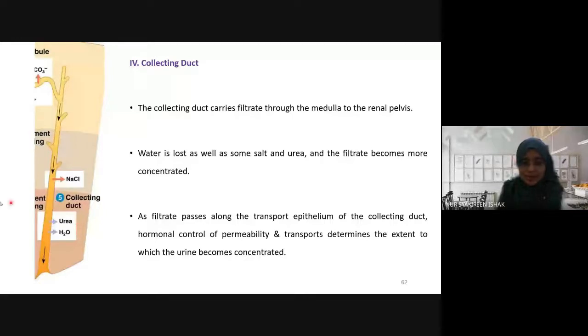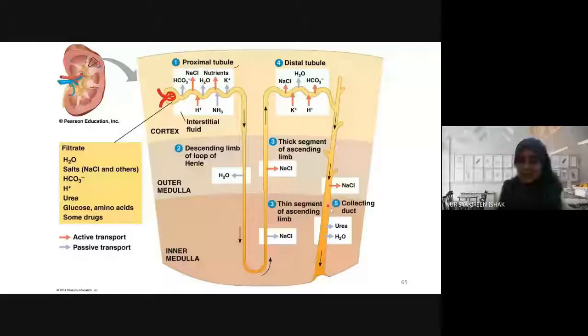So kalau awak tengok dekat gambar rajah yang full kat sini, okay, cortex, outer medulla, inner medulla. Inner medulla will have higher concentration of interstitial fluid. Dekat cortex, interstitial fluid is not as concentrated as the inner medulla. Disebabkan oleh apa?